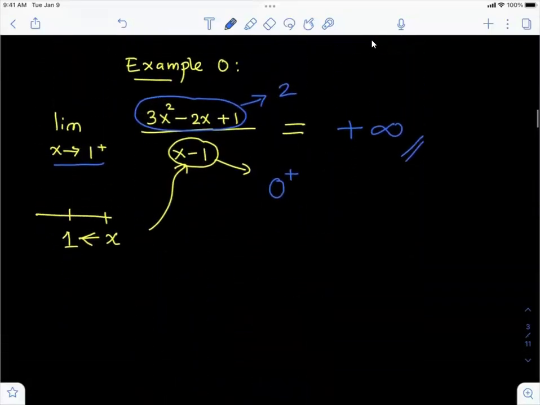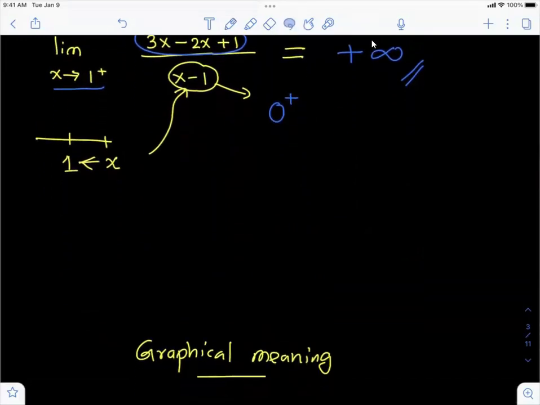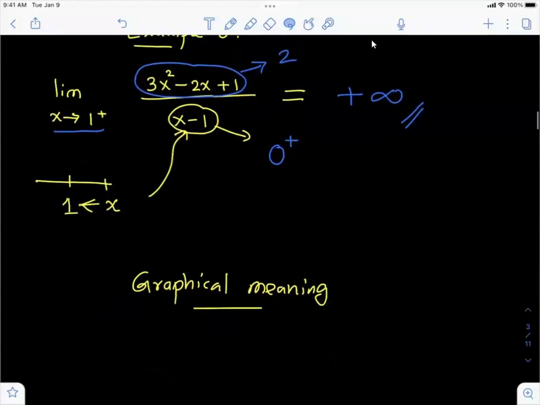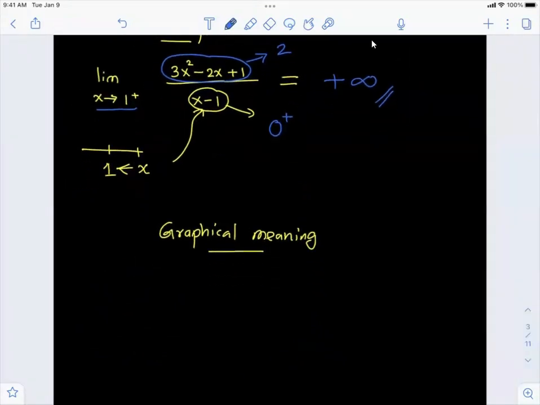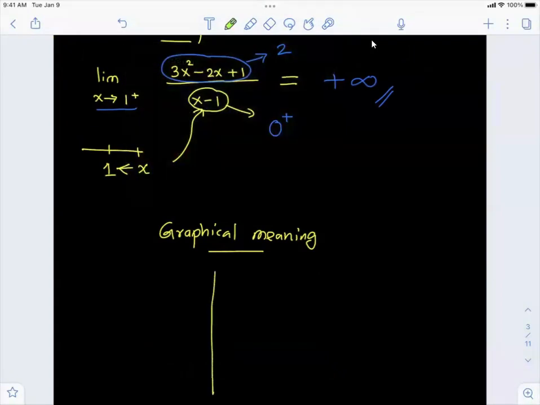And even before going for an example, let's look at the graphical meaning of this particular scenario. What is the graphical meaning? Can you explain the graphical meaning of the situation? Now, graphically speaking, this is what we are seeing. I have no idea how this function would look everywhere.